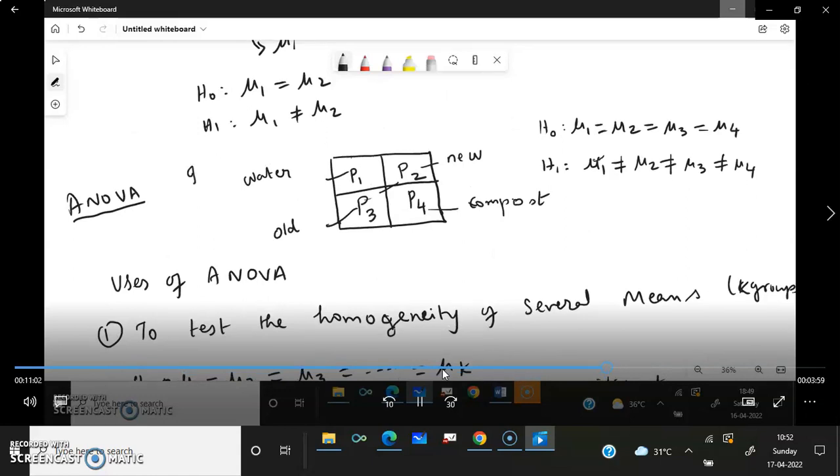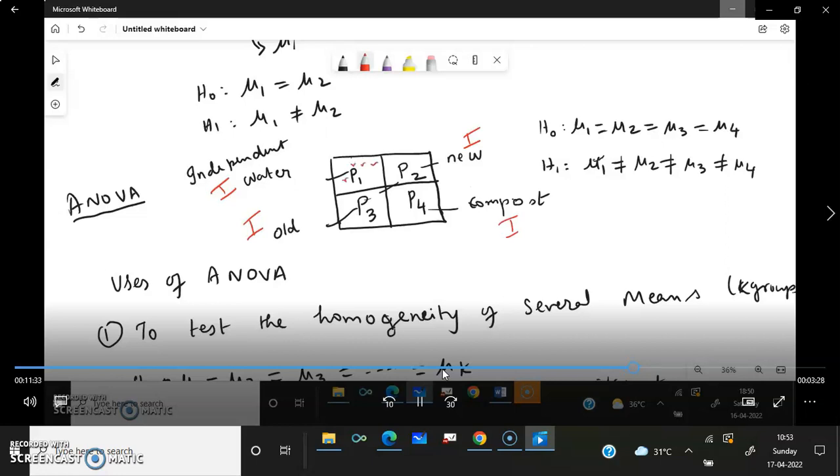Here I am explaining what an independent variable is. Water is an independent variable, new fertilizer is an independent variable, old fertilizer also, and compost is also an independent variable. So these are all the independent variables, right? And the dependent variable is the growth of the crop, right?